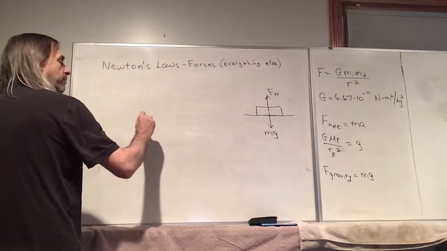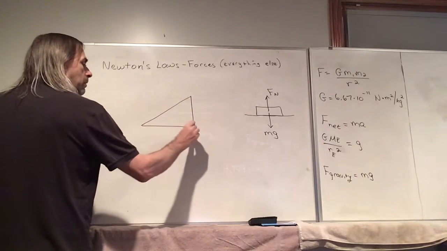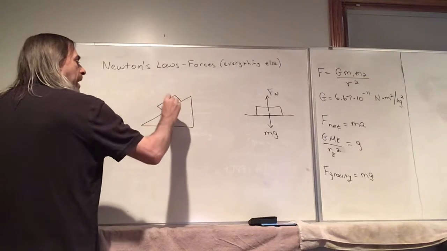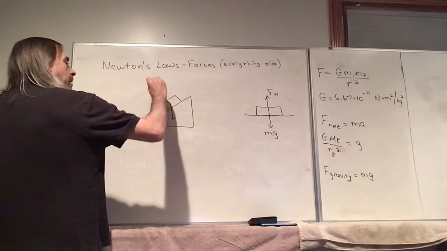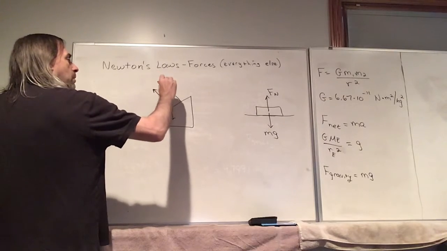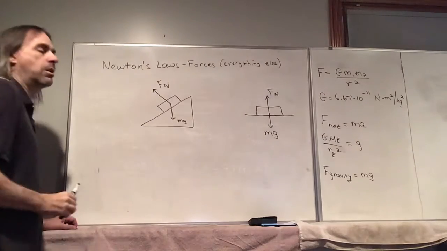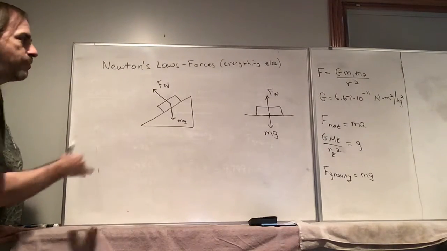If, say, the book was on an inclined plane, in this case we have gravity, which is straight down, and then we have a normal force. And again, normal force is always perpendicular to the surface. And again, that is just by definition.